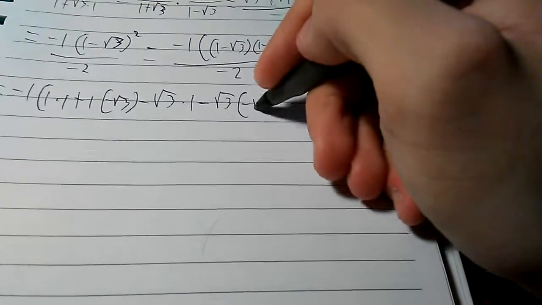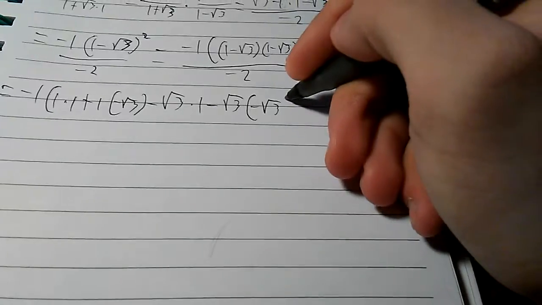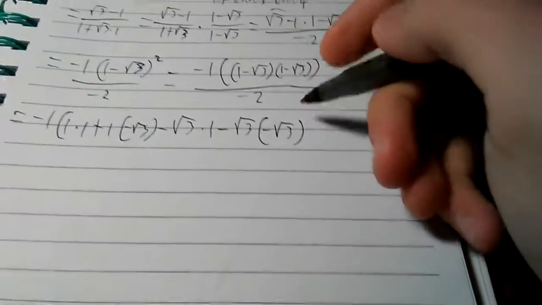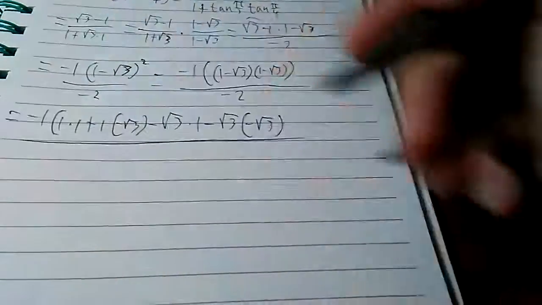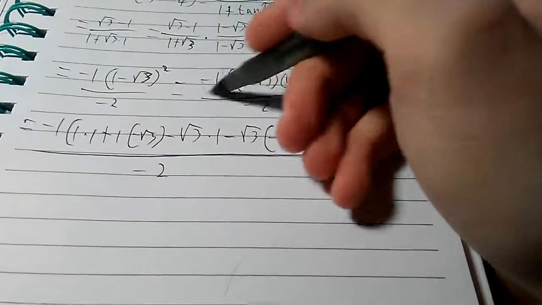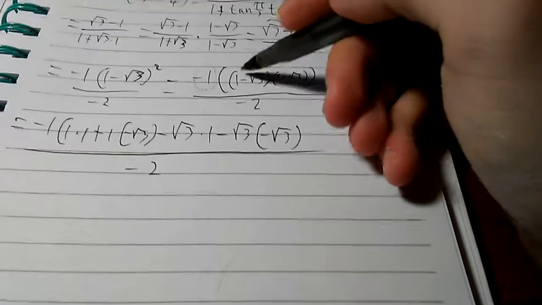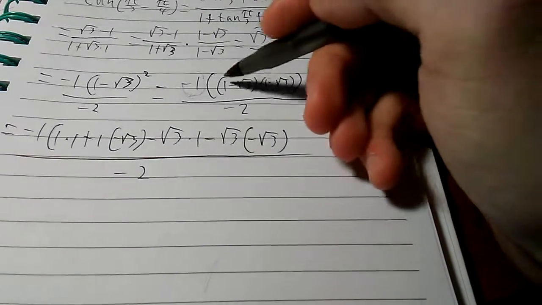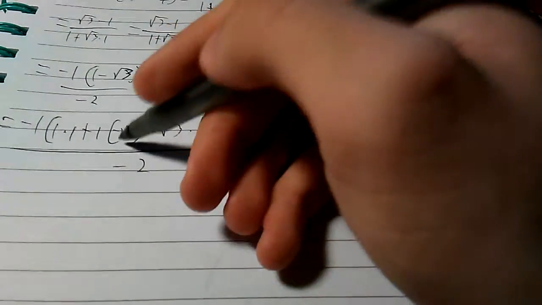And this is negative square root of 3. Because this is what happens when you FOIL, kids. It's messy. We're still all over negative 2. So we actually haven't touched this negative 1 out here. We've just been FOILing this in here because it's 1 times 1, and then 1 times square root of 3, and all that.